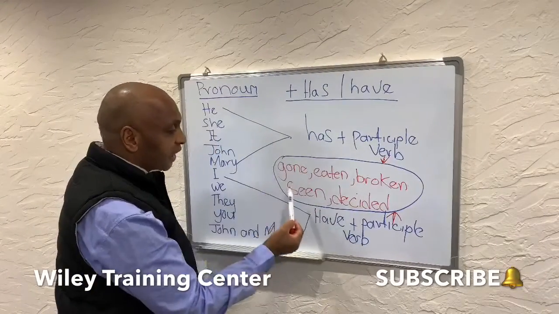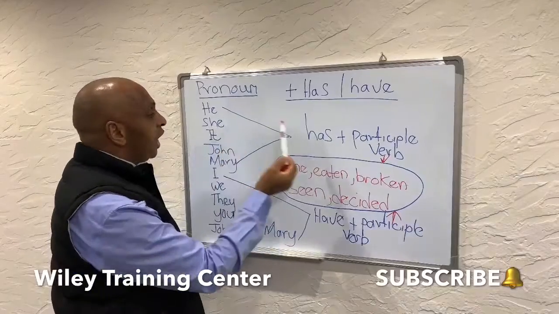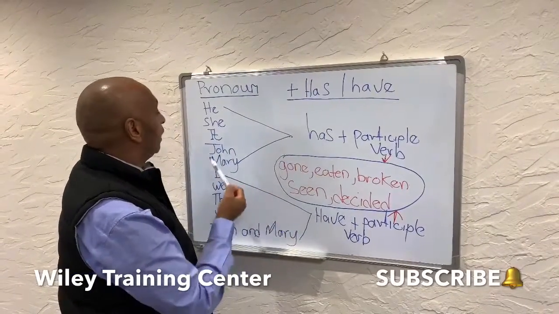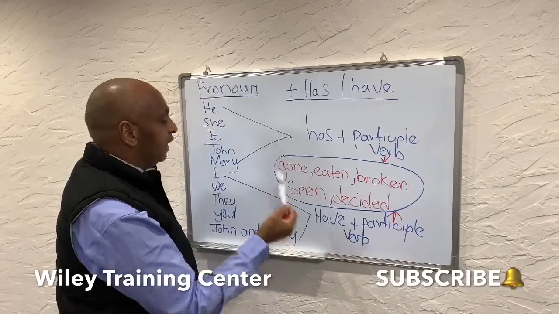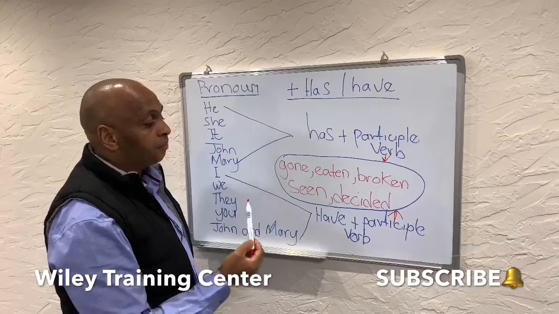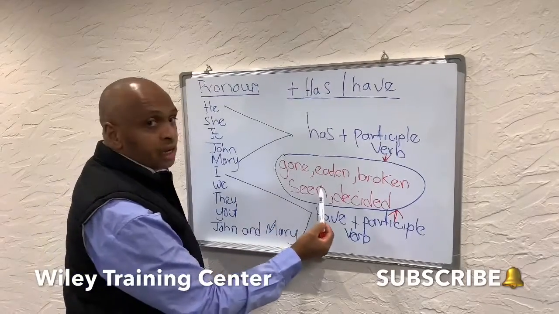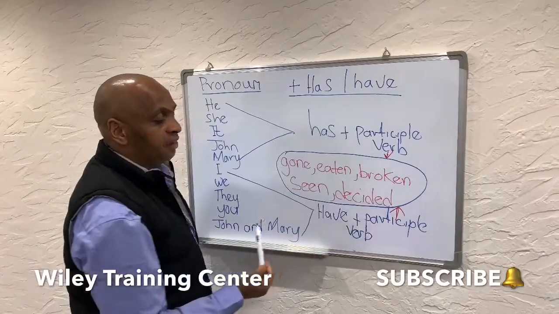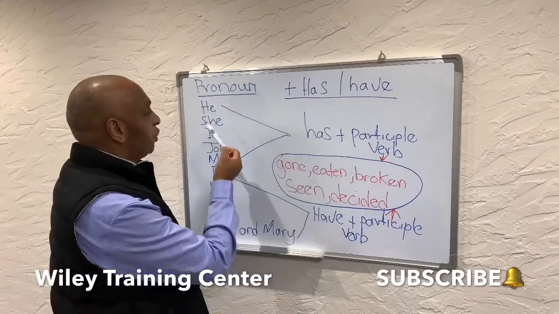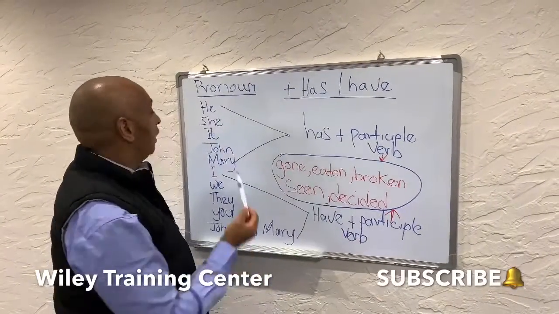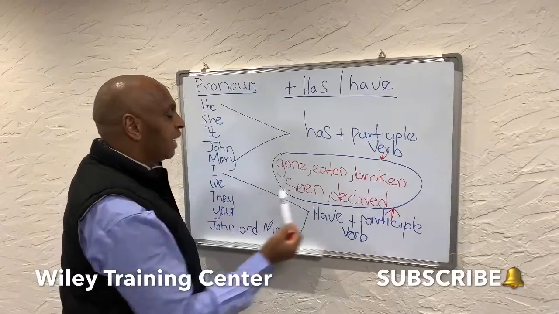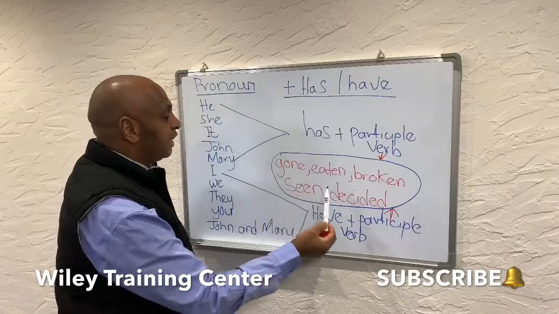He has seen, she has seen, it has seen, John has seen, Mary has seen. The next participle verb, decided, is one of a few examples. He has decided, she has decided, it has decided, John has decided, Mary has decided.